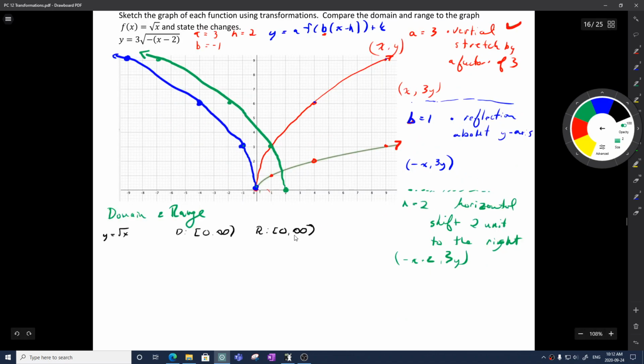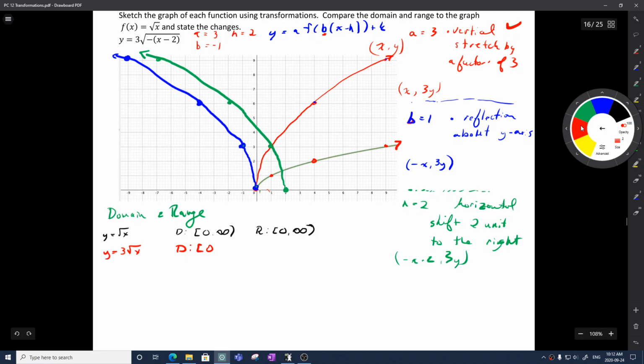So my domain and range: I start off with my parent function y is equal to the square root of x. And then I applied my vertical stretch by a factor of 3. a is equal to 3. That's what made this into my functional form, 3 the square root of x. If you notice, from my point notation right here, moving from here to here, what did we do to my x values, which is the domain?